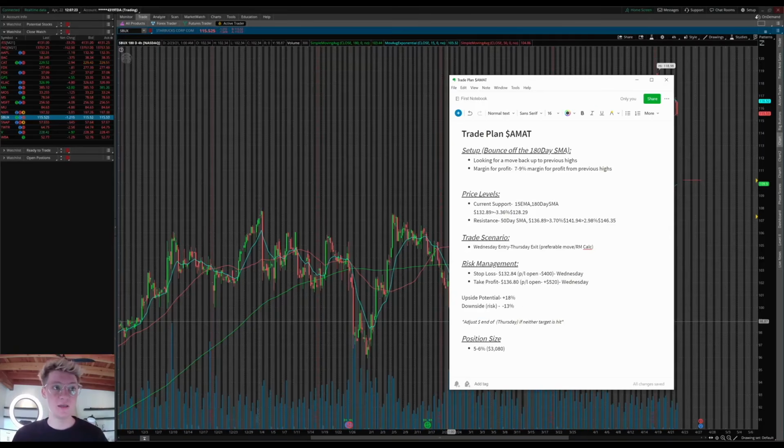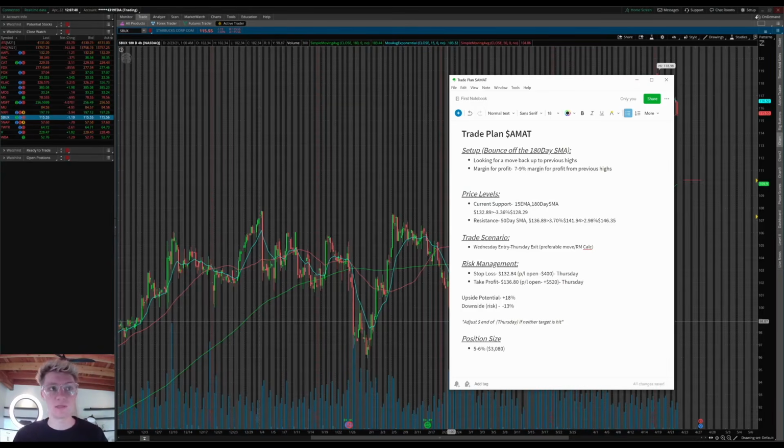So I'm adjusting the dollar value end of Thursday if neither target is hit, right? So we're entering on Wednesday. Wednesday's our entry. We've done calculations for Wednesday. If you would like, you could say these calculations weren't done on Wednesday. These calculations were for Thursday. So considering we get this move on Thursday, well, there we go.